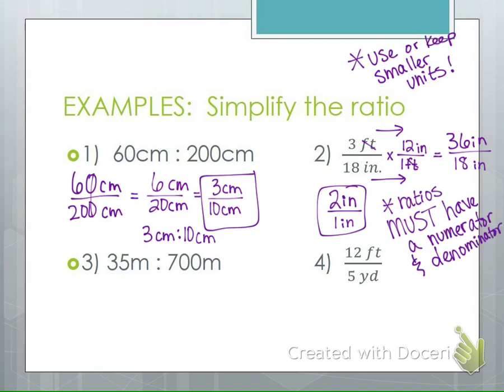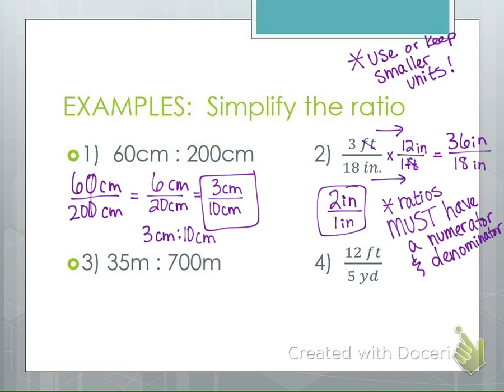Running out of room there. Okay, if this were a regular fraction like in Algebra 1, 2 over 1, we would write it as 2 and we would move on with our day. And in Algebra 1 and most other cases, that's fine. But with ratios, you have to have a top and a bottom.